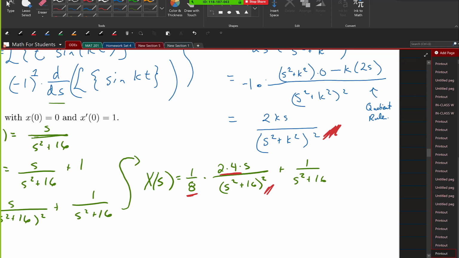So I can do the inverse transform of that. So this is going to come back as 1/8 times t sine of 4t plus the sine of 4t. How did I know how to come backwards to this? It was from doing the part before it.